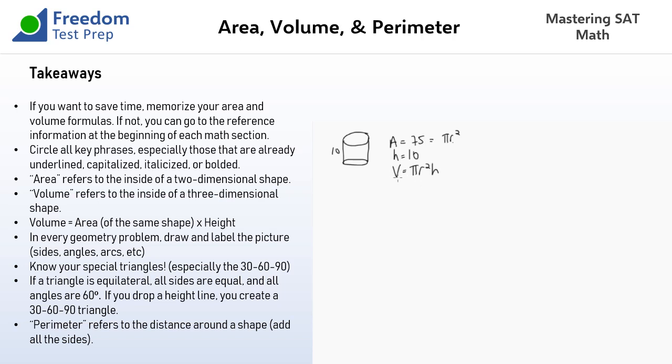So we know that volume is the area times h, which is going to be the area is 75, and the h is 10. So the volume is 750. Okay, you get that? So this is a subtlety. I haven't often seen this, but I thought I would just show you, where instead of giving you the radius or the diameter, they're actually giving you this whole entity, right, which is right here.